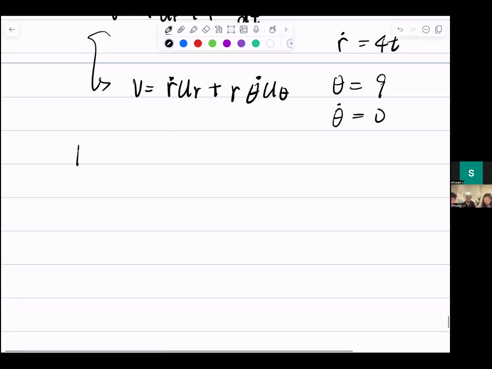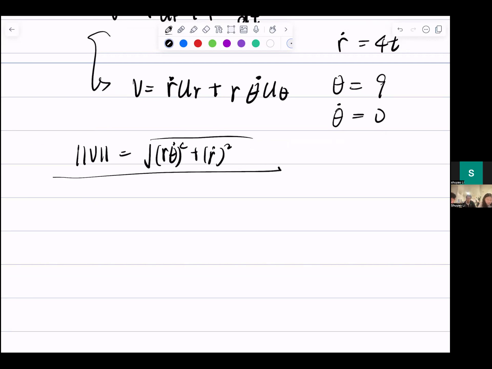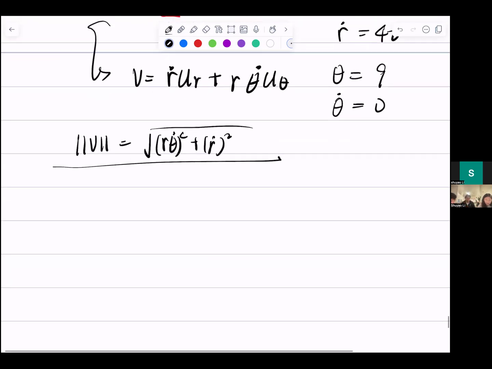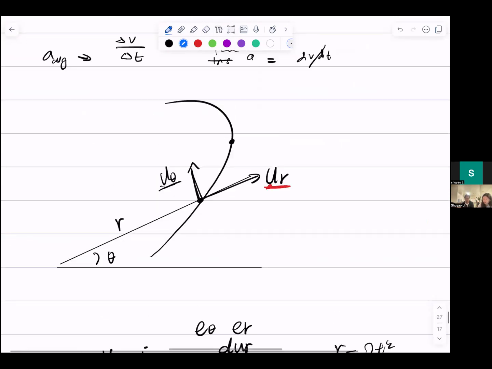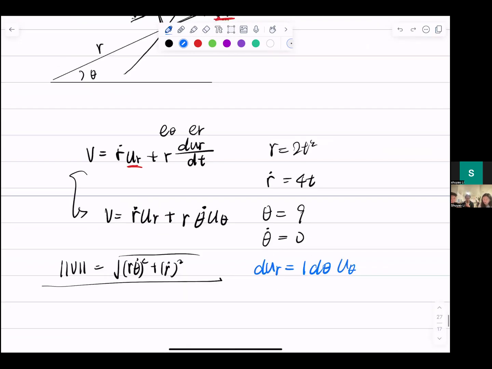And the magnitude of v equals, well, this is memorization. Also remember that the derivative of u r is theta dot u theta, based just on this graph.